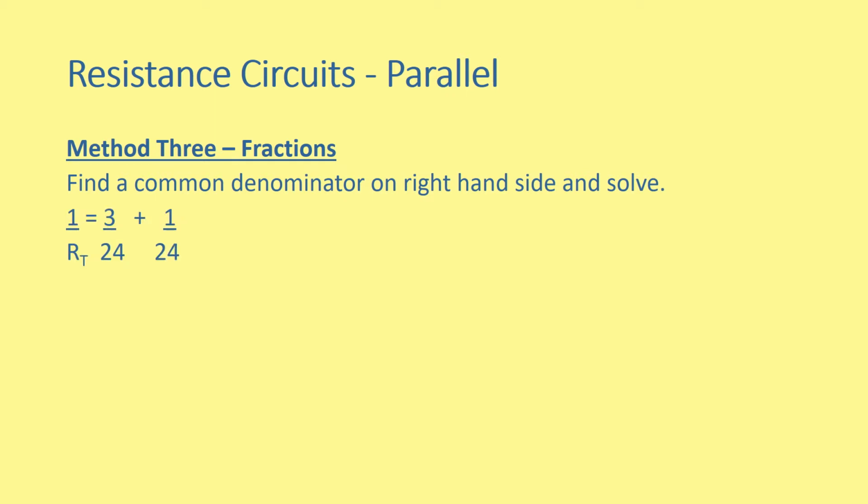So we get 1 over RT is equal to 3 over 24 plus 1 over 24. And that's because 1 over 8 multiplied by 3 top and bottom is equal to 3 over 24. So 3 over 24 is the equivalent fraction of 1 over 8. Now, because we have these with the same denominator, we can just add the top lines.